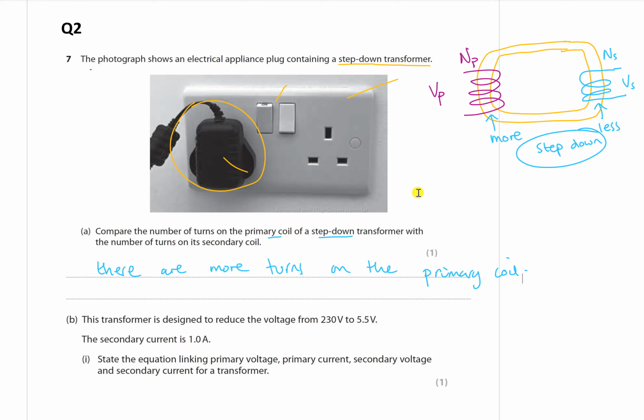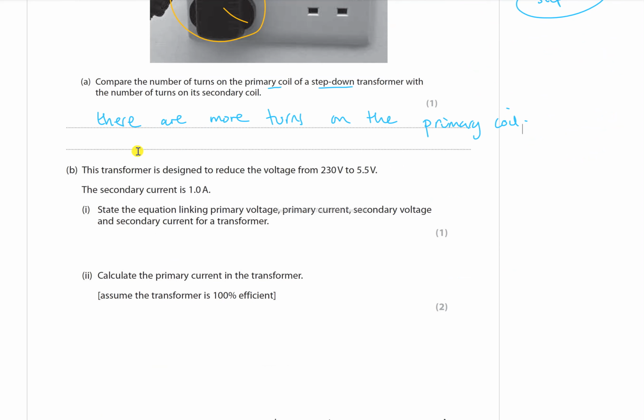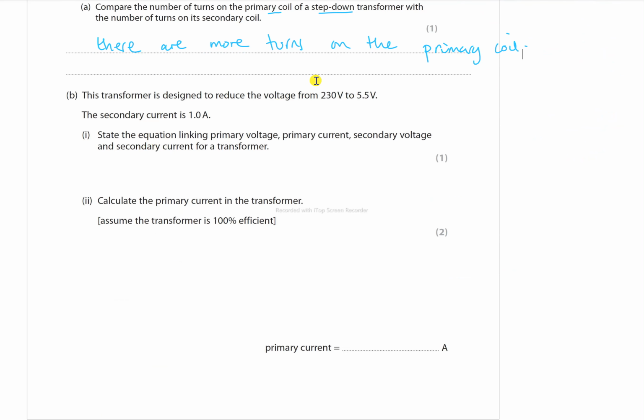That's it. Simple. Right, this transformer is designed to reduce the voltage from, okay, so what they're saying from, so that's your primary voltage, and this here is your secondary voltage.